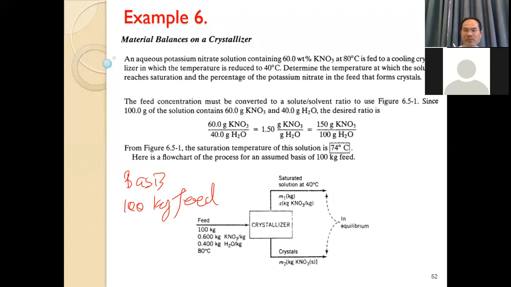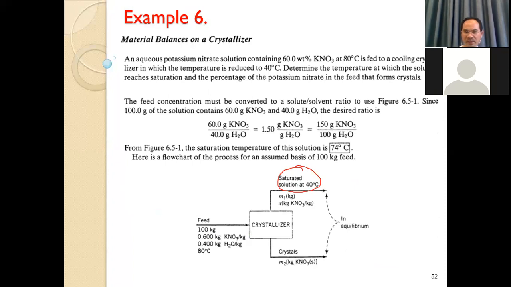And for the output we have two products: the liquid solution and the solid. The liquid is a saturated solution at 40 Celsius.